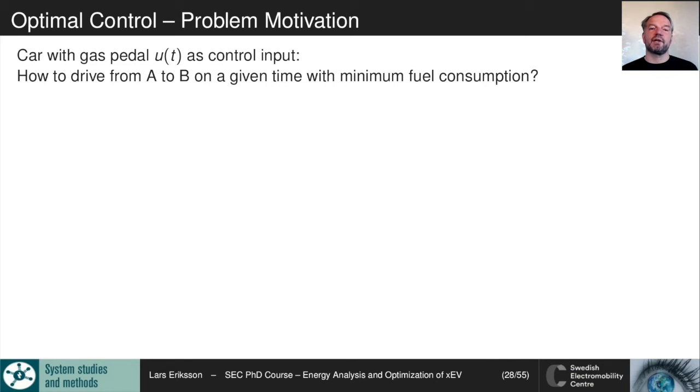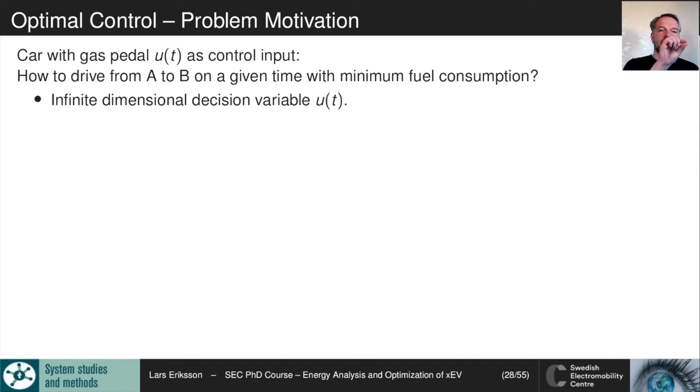How should we move the gas pedal in a vehicle, for example a hybrid electric vehicle or a purely electric vehicle? The thing that we're wondering then is the curve of u, and this curve of u is an infinite dimensional variable. We're looking at the curve, each individual instant of this trip. We need to know what the control action should be. So this is the essence of control.